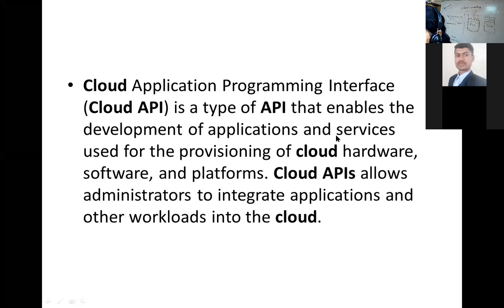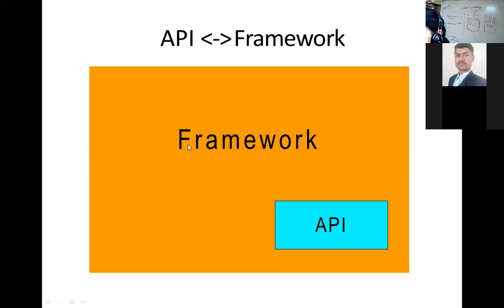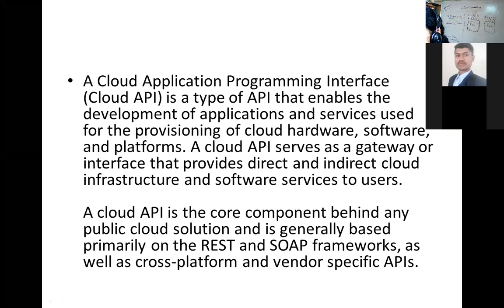So basically, what is the role of an API? It provides the interface that enables the development of applications and services, and is used for provisioning of cloud hardware, software, and platform. That is the concern of the API. This is the API and how it fits in the framework is shown in the diagram here.